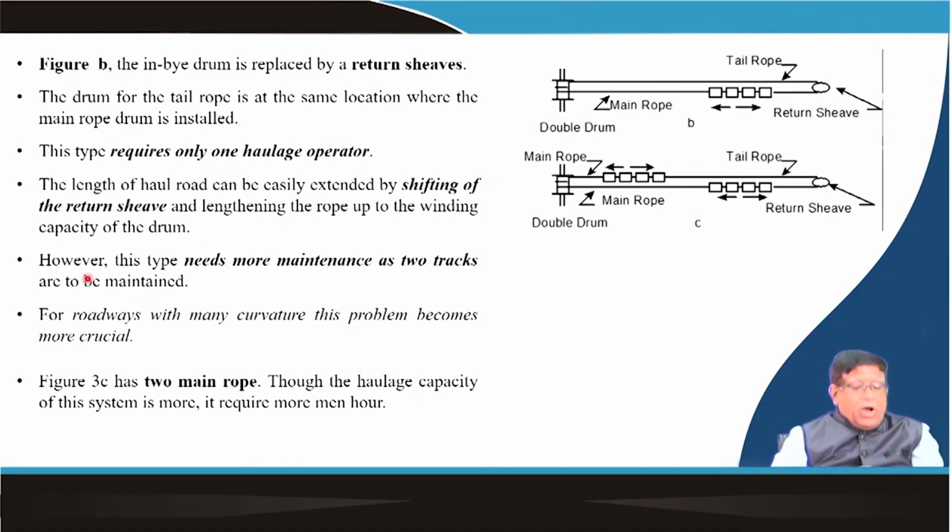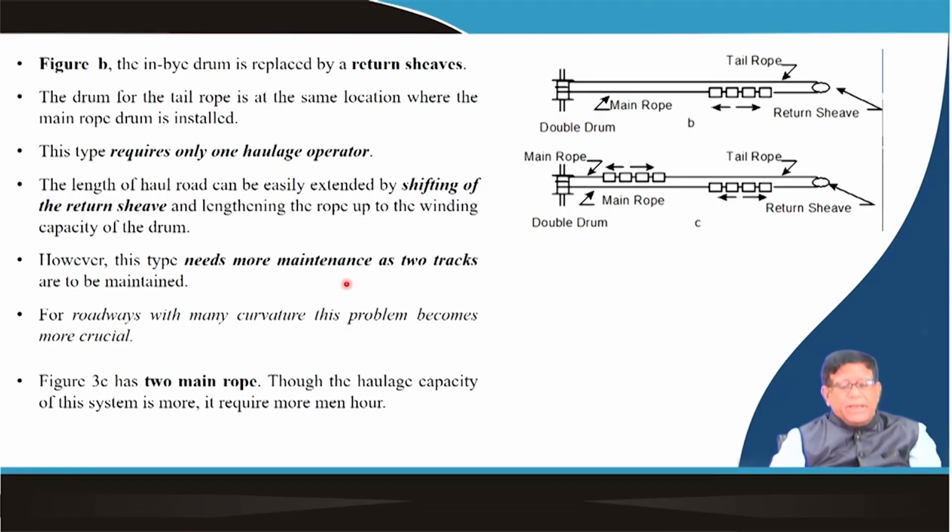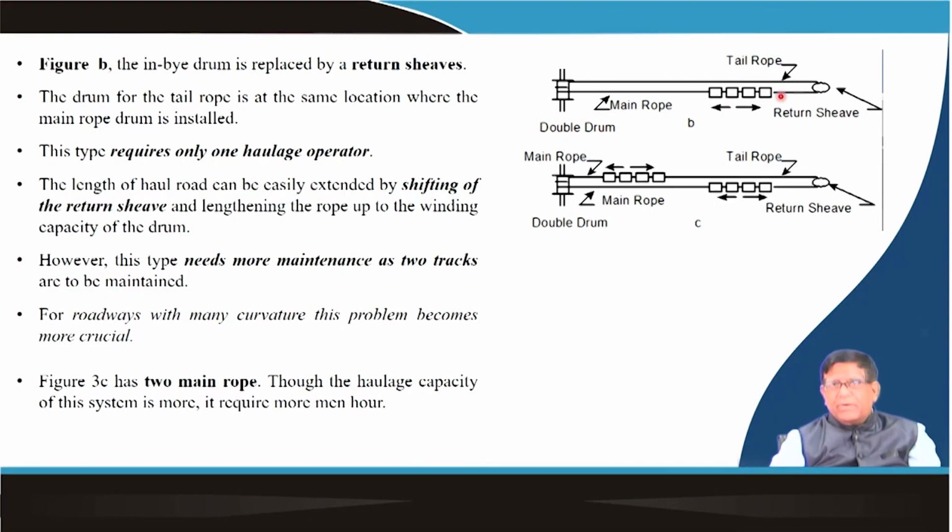This type needs more maintenance of the two tracks, because you can see here there are two tracks. When it comes from the main road, your loaded car will go from here, and then the empty cars will be coming and connected over here, travelling like this.